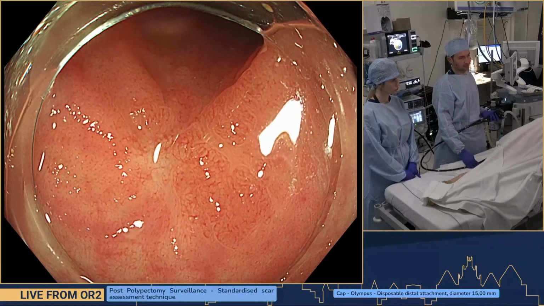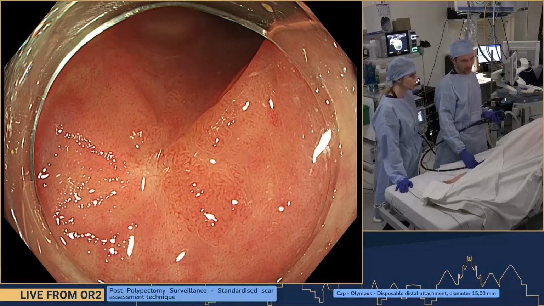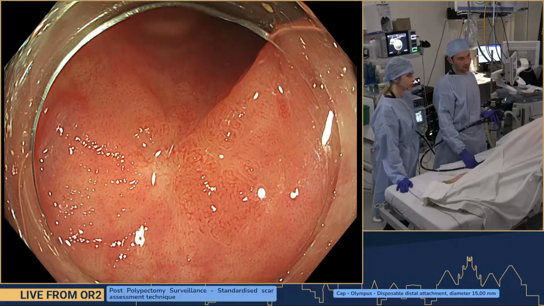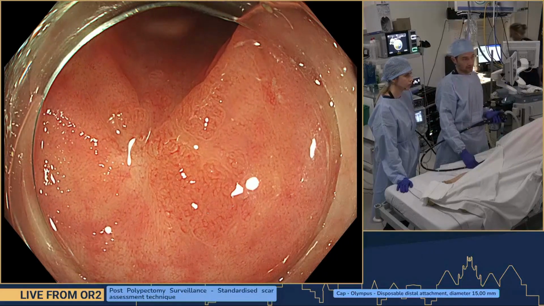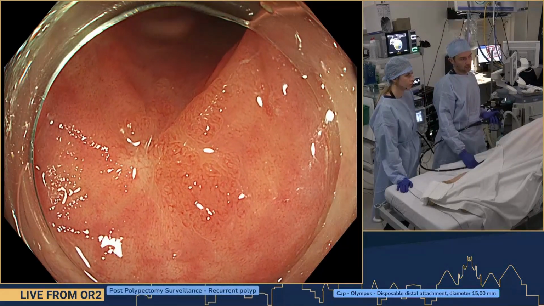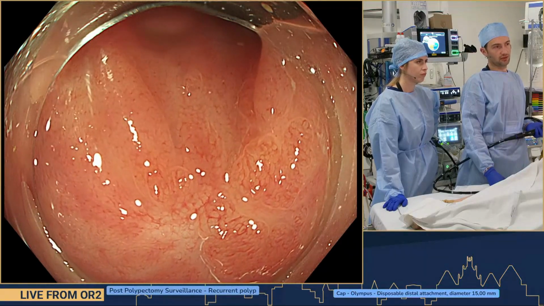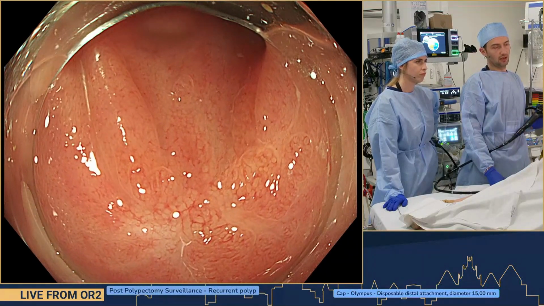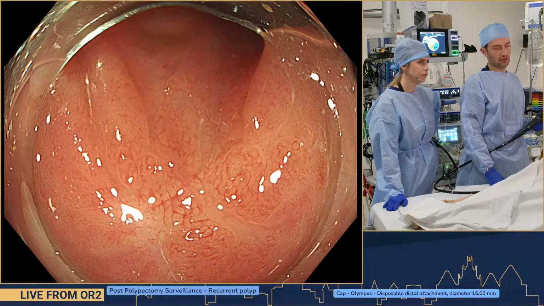So that's number one. Number two, you have associated with that scar a significant amount of recurrent adenoma, or actually maybe residual adenoma, associated not just with one area of the scar, but all around the scar. And actually, if you look, probably at the top there is also some adenoma. So why do we think this is recurrent or residual adenoma on a scar?